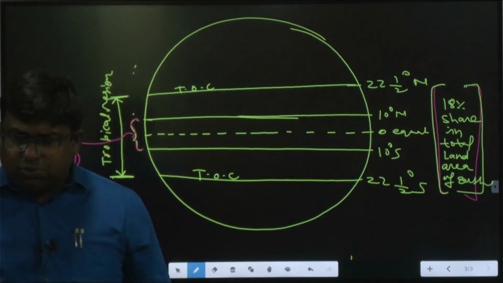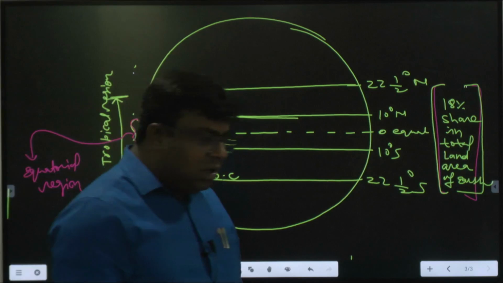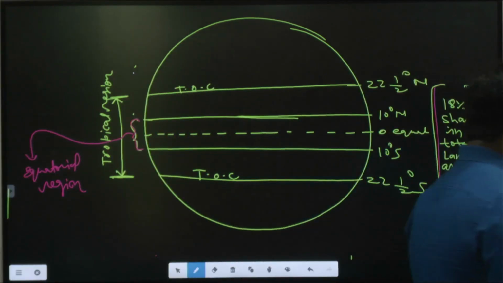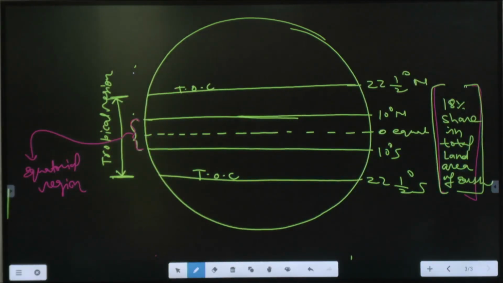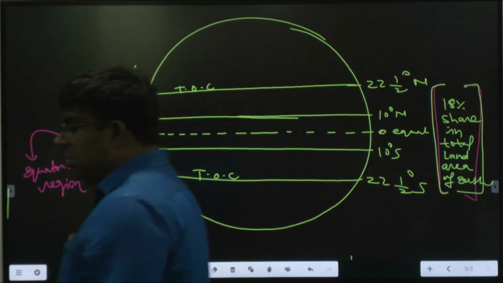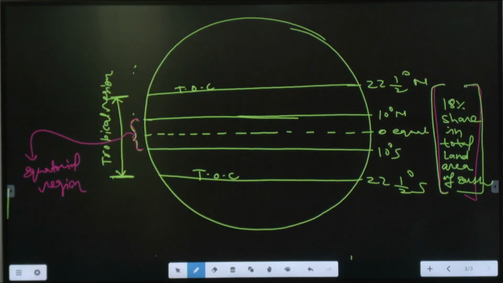So you can put the heading: distribution of known biodiversity of Earth.